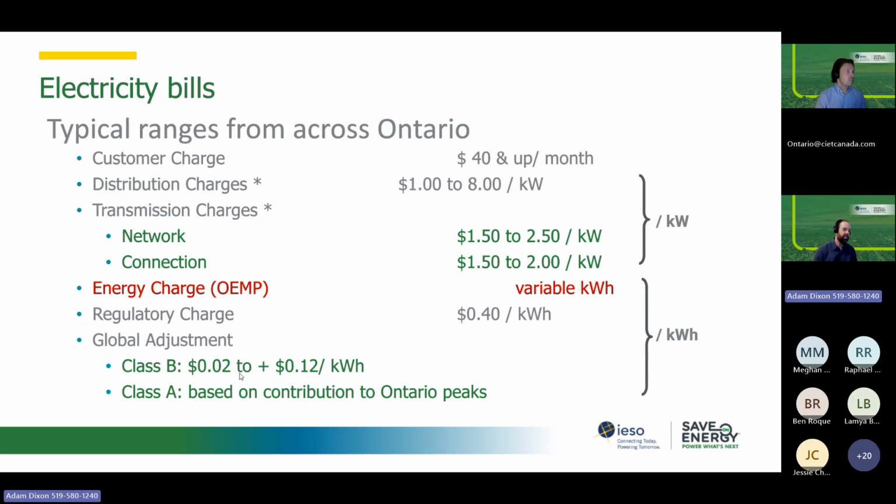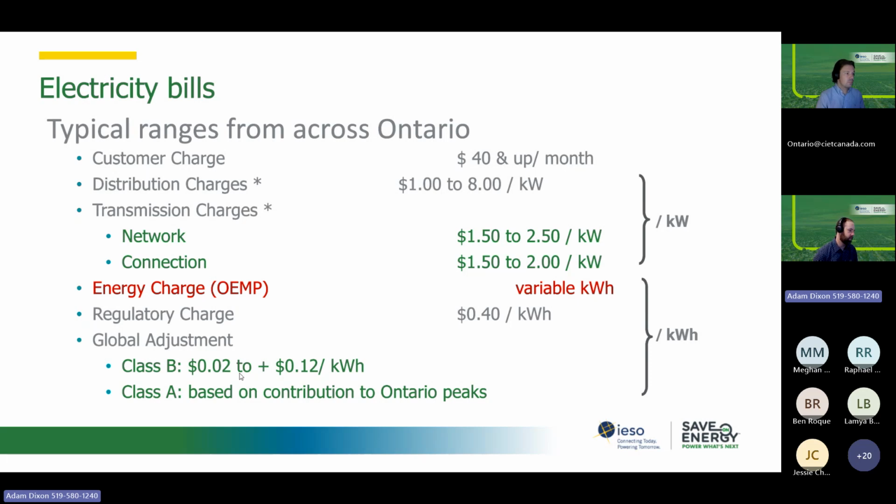And then we get into global adjustment, depending on what situation you are. Again, residential, small business, you won't see this. It's all included. Class B, so these are usually up to 1 megawatt demand, you pay about an additional 2 to 12 cents, depending on what's been kicked down to you from the Class A customers.